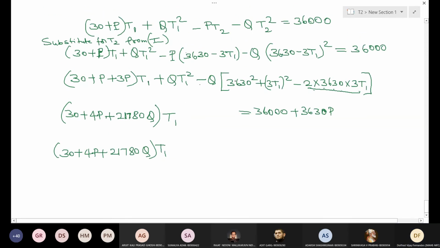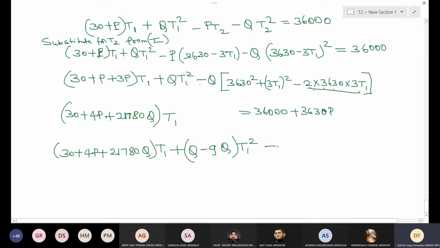Next, T1 square. We can collect T1 square. One is Q here, then minus 9Q T1 square, right?